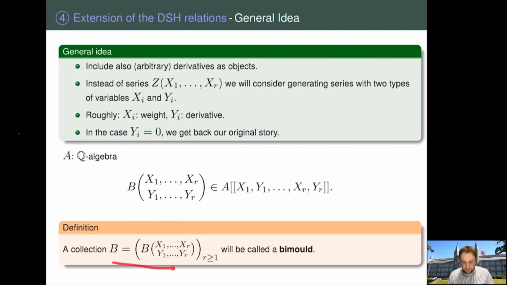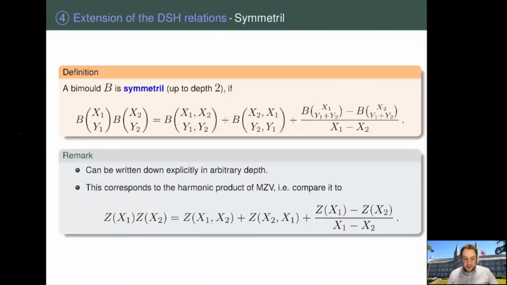And we also take a collection, which we now call a B-mold. And such a B-mold we call symmetril. This language is due to Ecalle. Such a B-mold is called symmetril in depth 2, but this can also be written down in arbitrary depths, when the product of two such things in depth 1 can be written like this.